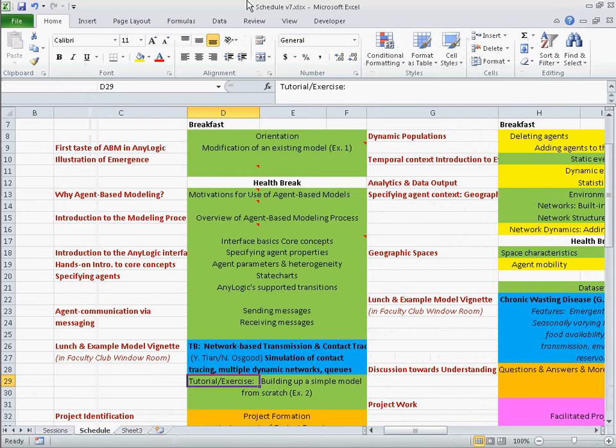So yesterday, we got our first taste of AnyLogic as a group. We took a look at a model up front, which involved the spread of infectious disease in a stylized space, with individuals connected to neighbors, spreading in a very localized, regular way.